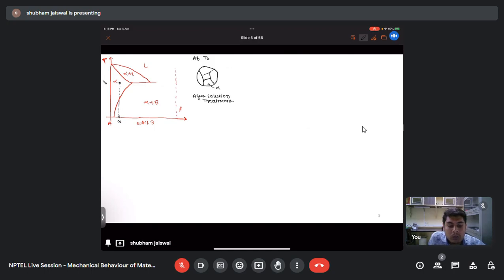Then we'll quench it. So what will happen after the quenching? It will not give time for the B atoms to move out. So it will form a supersaturated solution.